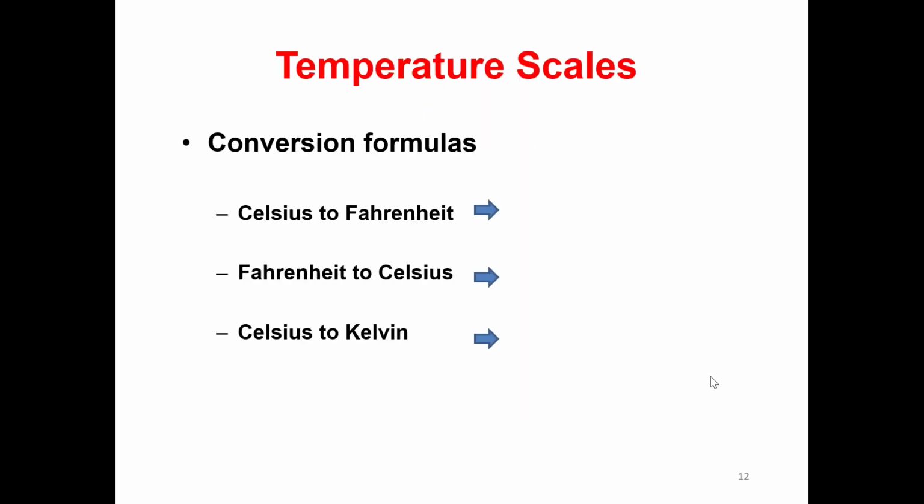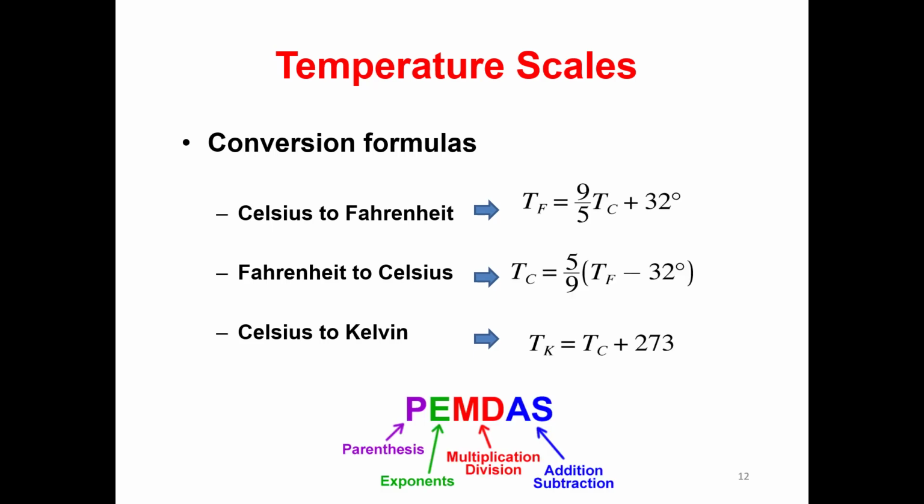Then to convert from one temperature scale to another scale, we have these equations, and you have to be careful with the math when you convert from one unit to another. To do that, just follow the PEMDAS rules.